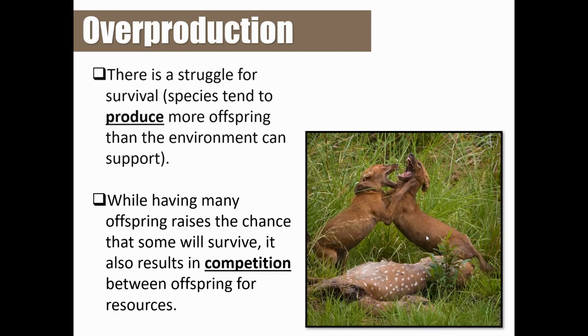There's a struggle for survival, because species tend to produce more offspring than the environment can sustain. And because of this, we have something called competition. When species have more offspring than the environment can sustain, this raises the chance that some will survive, but it also generates competition between those offspring.